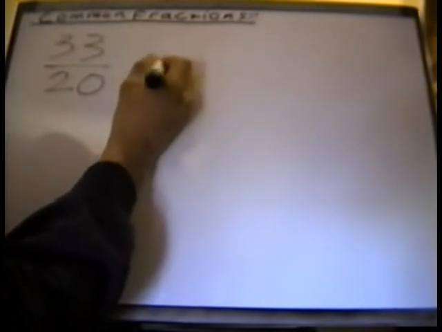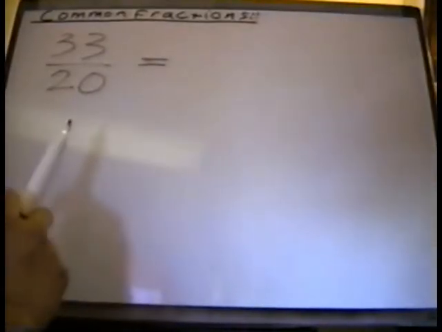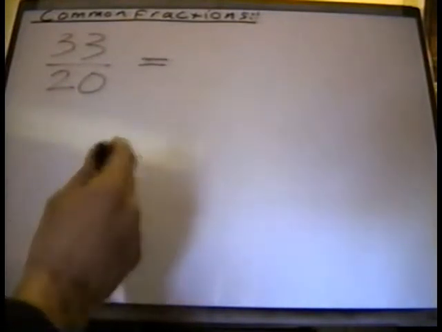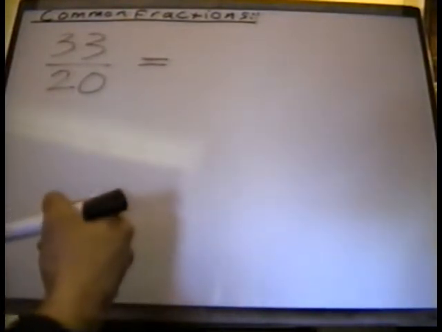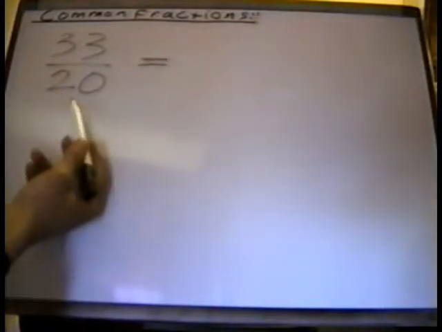Now right away, one method to convert an improper fraction to a mixed number fraction is to look at the denominator.